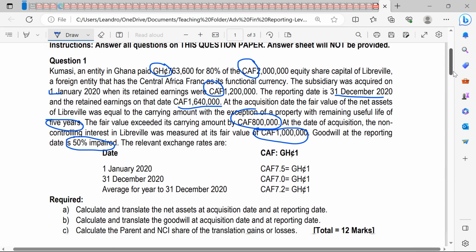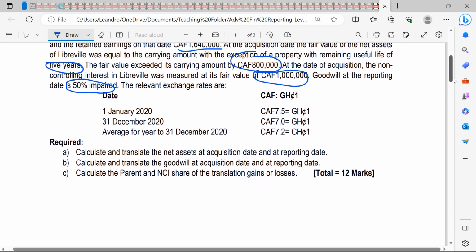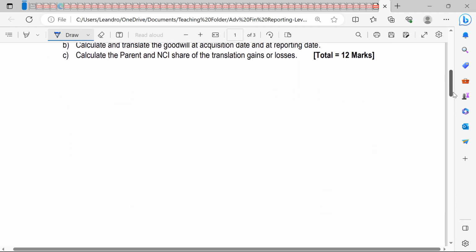So the beginning of this question is to recognize that you are dealing with the parent who acquired in Ghana cedi and a subsidiary whose functional currency is CAF. It's important, therefore, to remember to set out the net asset in the functional currency of the subsidiary.